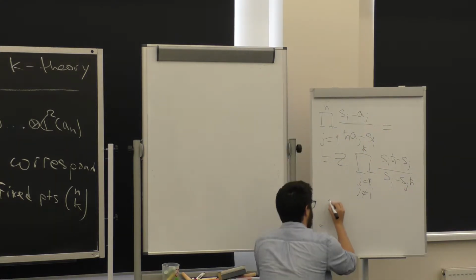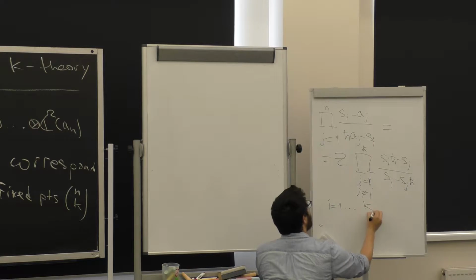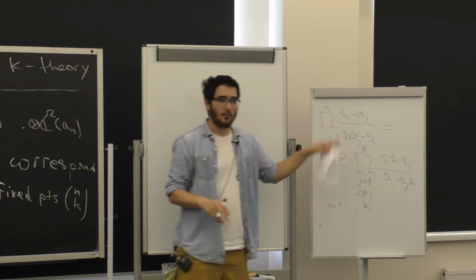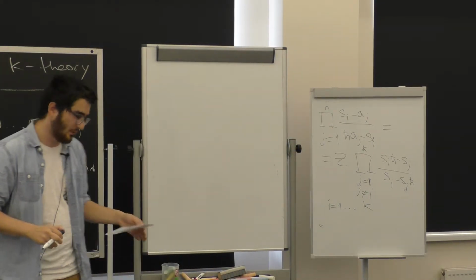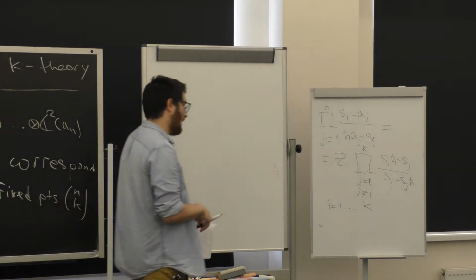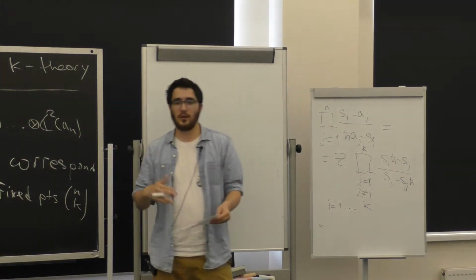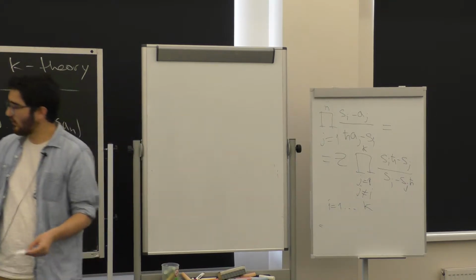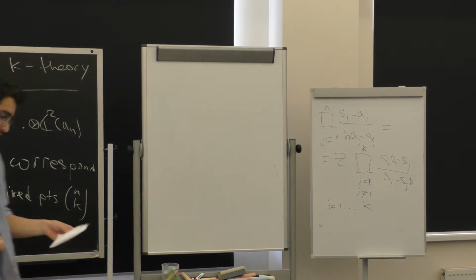And i just varies from 1 to k. So this is a system of equations on k variables, the si's, and it has some solutions, and symmetric functions of these solutions will generate the Bethe algebra.